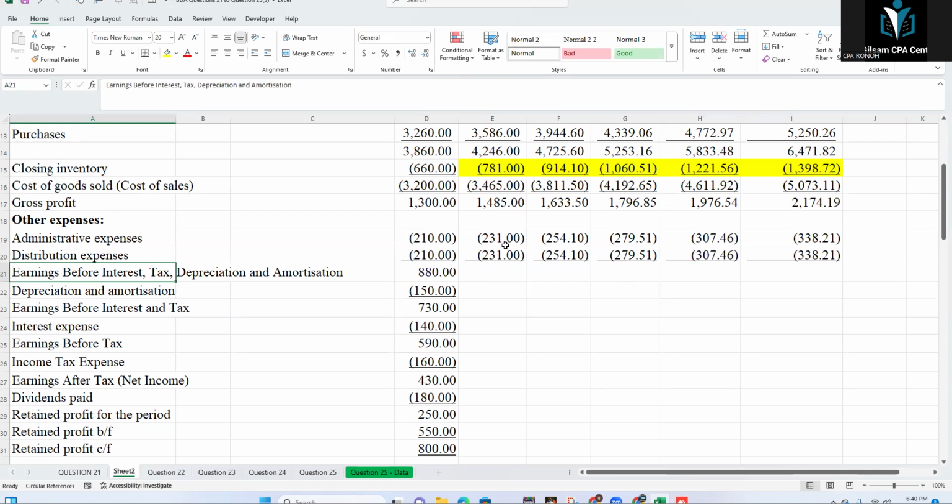Umeformatia wapi huko? Mi bado inanipea 00. Hebu click hiyo ya kwanza. Unaona kuna imeequate question something. Oh yes. Hiyo 210. Yeah, delete hizo writings mpaka ubaki tu na 210.